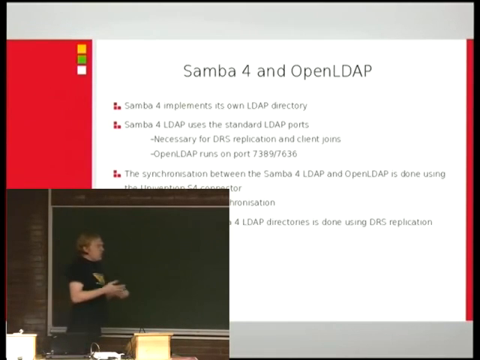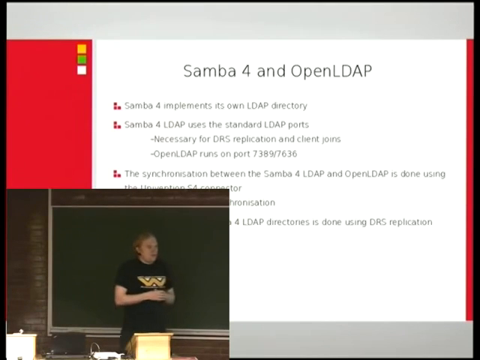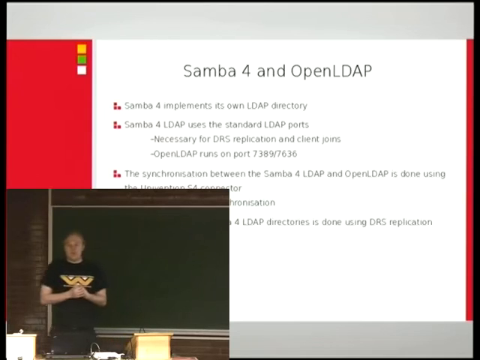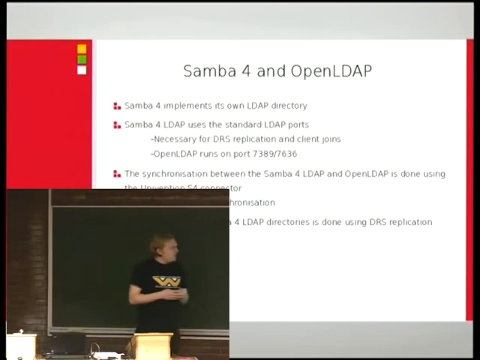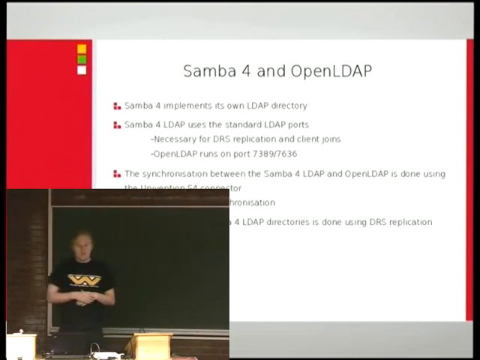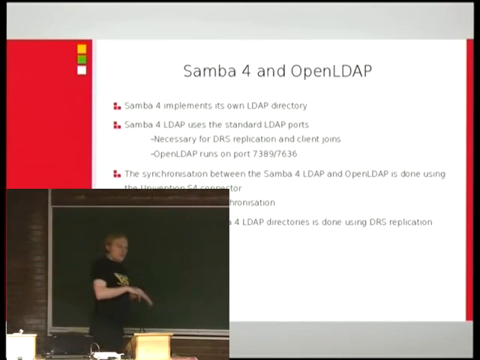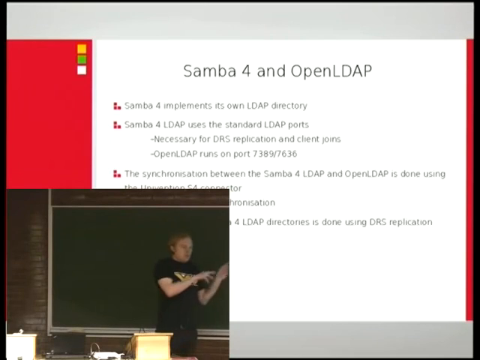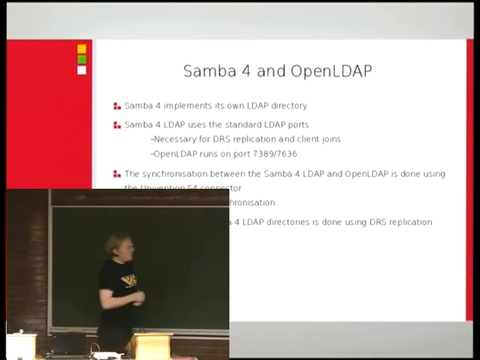For that, we've changed our OpenLDAP server to run on distinct ports than the standard ports. So basically, it's the standard number with an additional 7,000 added to it, and we've modified all the services of Univention Corporate Server to directly use these different ports.